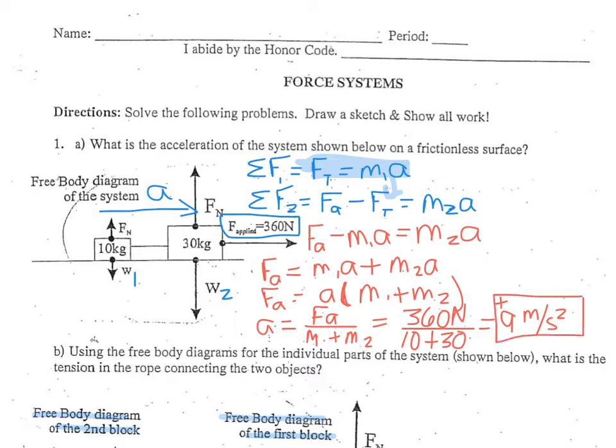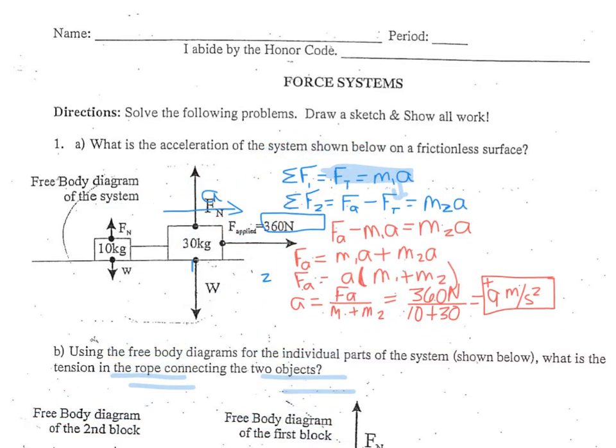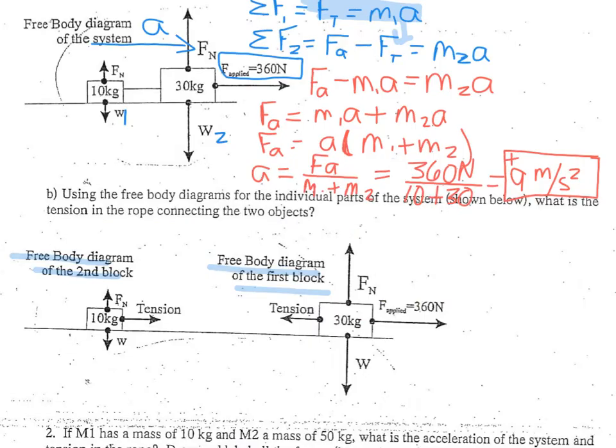It's moving to the right, so we're going to say our acceleration is positive. All right, so our next thing we want to do is calculate the force. And we will do that next by using the highlighted equation in blue. Okay, so that equation was, or still is, Ft equals m1a.